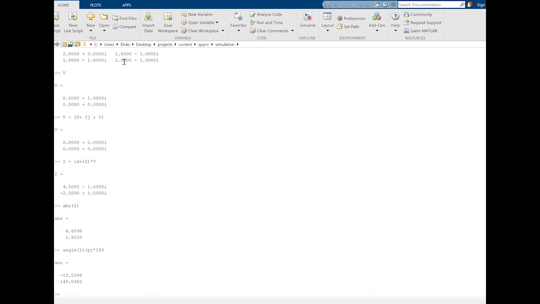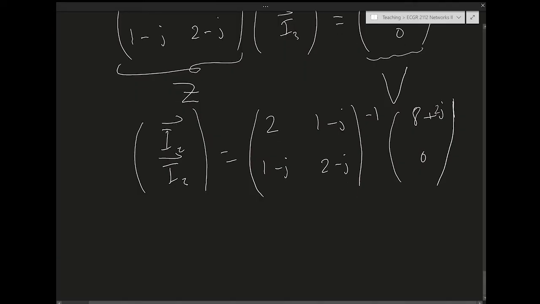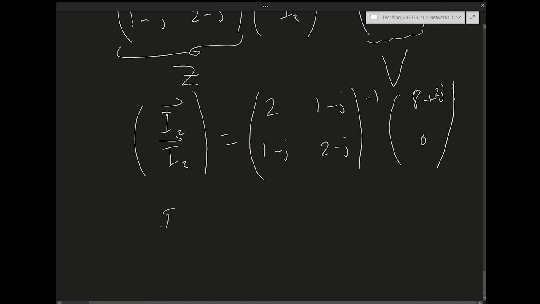4.61 is I2, and then I3 is 2.916, and the phases are minus 12 degrees and 149.036 degrees. Now, going back to my board, we found that I2 equals 4.11 minus 12 degrees, and then I3 equals 2.916, 149.036 degrees.